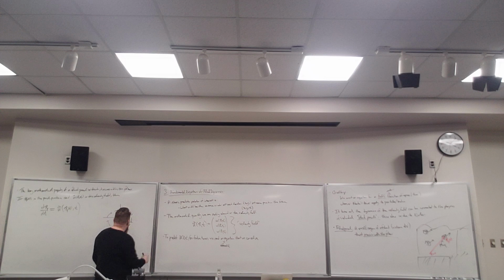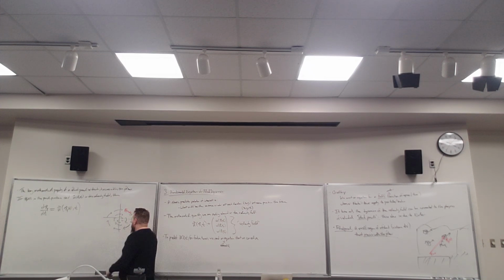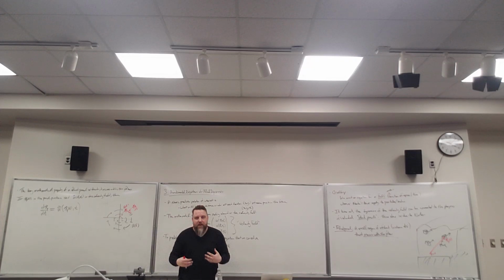Here the black arrows are u of x, and then this vector is x p of t, and that would be the x p dt. So the parcel is basically embedded in the flow, and it moves with whatever that velocity field is.